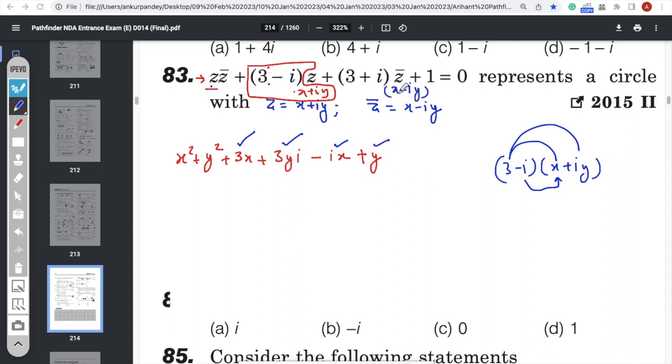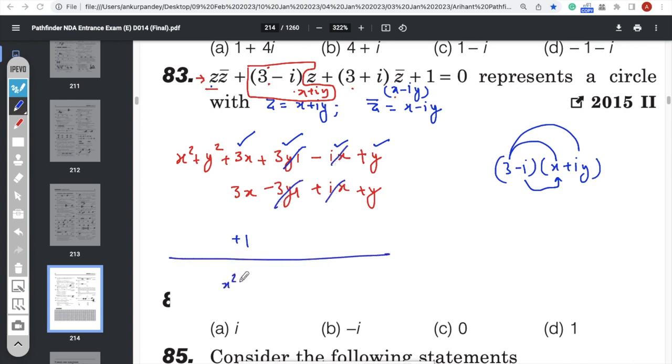So 3 into x, minus 3yi, plus i into x, plus y, and at last plus 1. You see this and this got cancelled, this and this got cancelled. Total equation is x square plus y square plus 6x plus 2y plus 1 equal to 0. Understood? Understood, sir. Thank you.